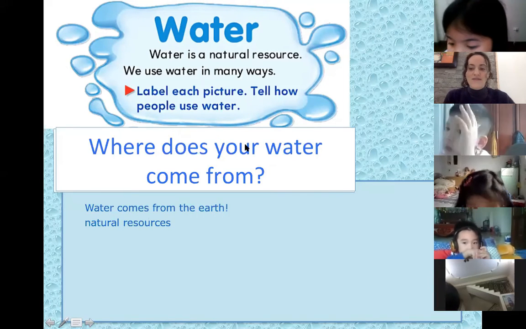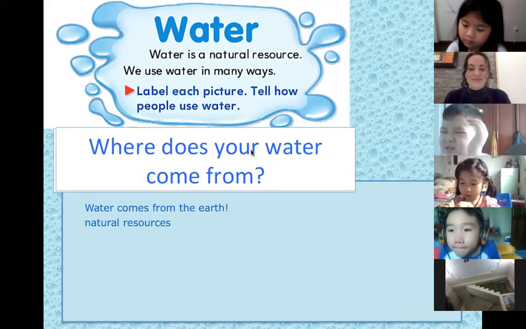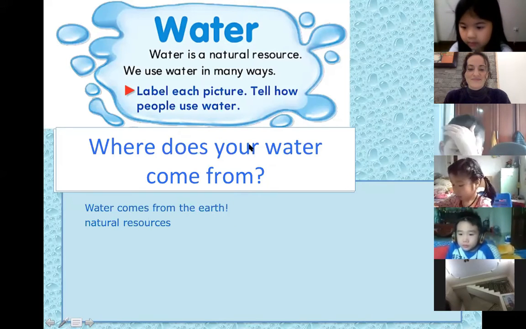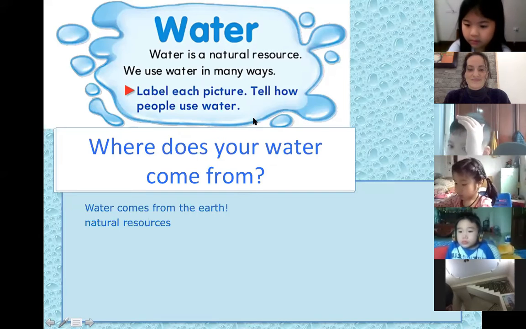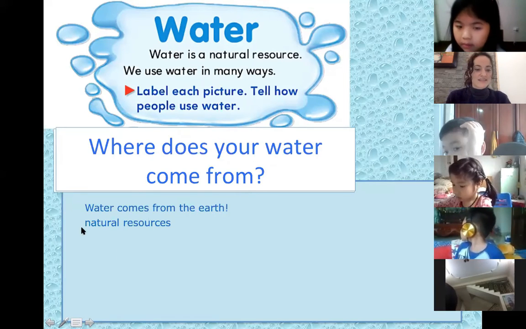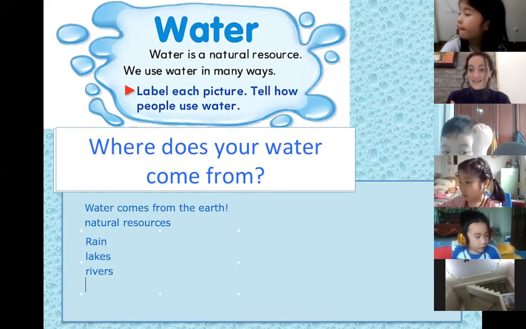Did you figure it out? I think they drill under the sand and they get water underground. Excellent job. So did you guys know? So we said rain, lakes, rivers, yes.